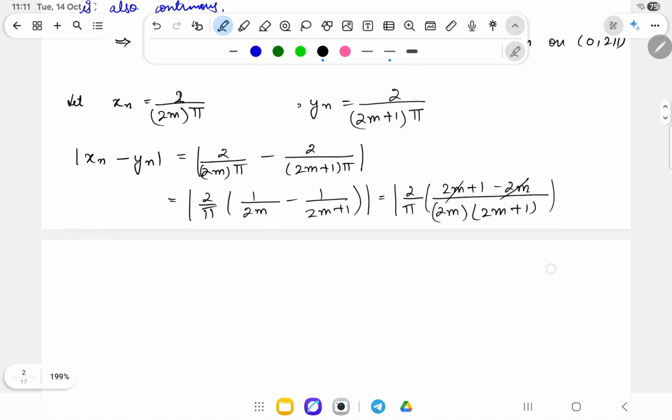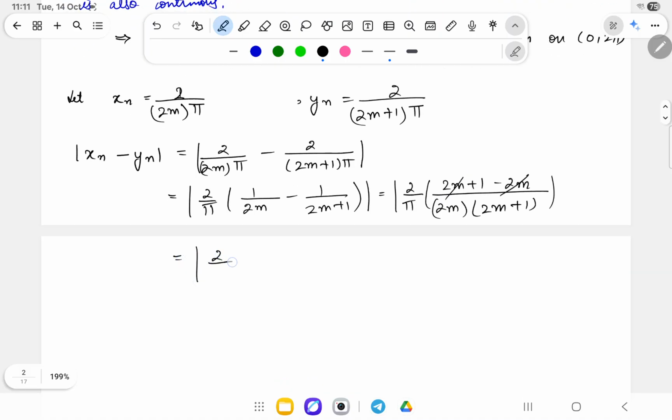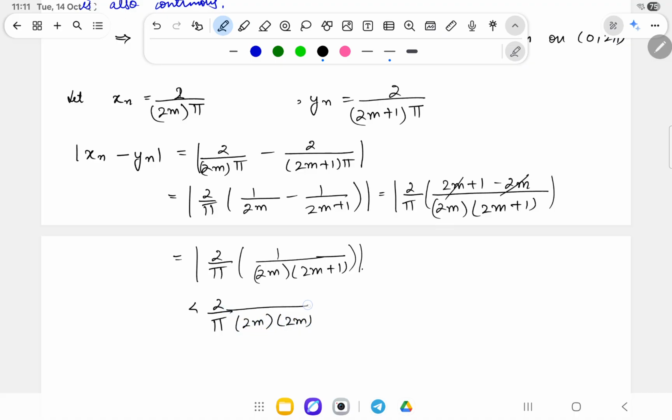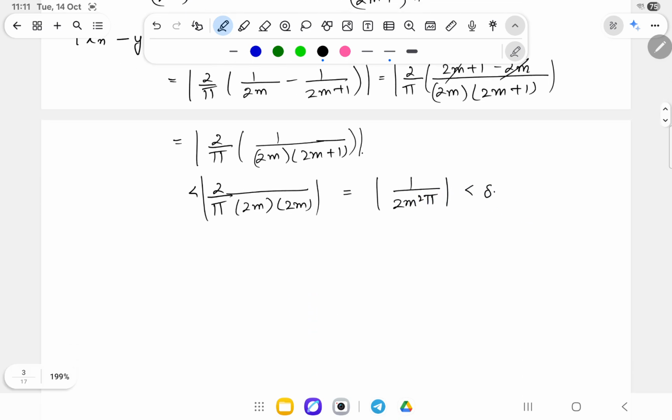This balances out, so it will be equal to 2 by pi into 1 by 2m into (2m plus 1), which is less than or equal to 2 by pi times 2m into 2m, which is equal to 1 by 2m square pi. Now if I choose it to be less than delta, I'll get my m such that m square is greater than 1 by 2 pi delta.